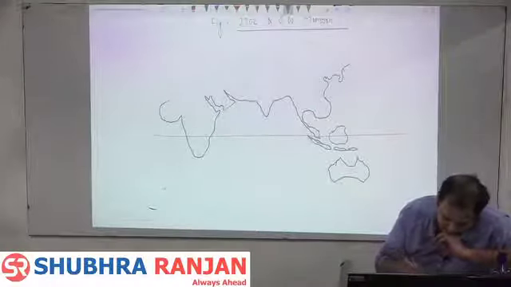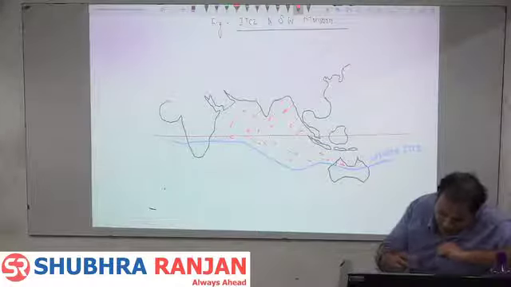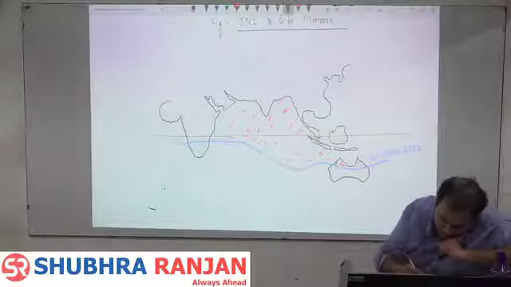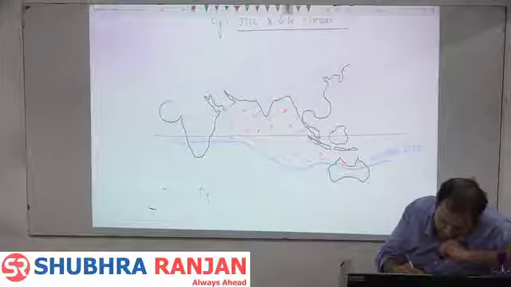Next point, as they originate on the land, they are dry winds and hence do not give rainfall over India.